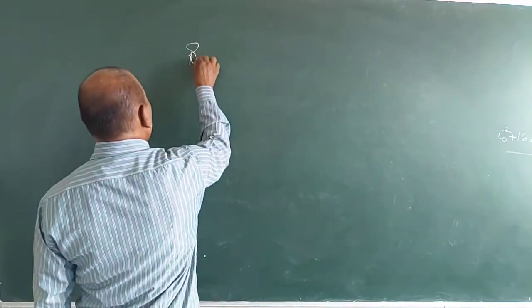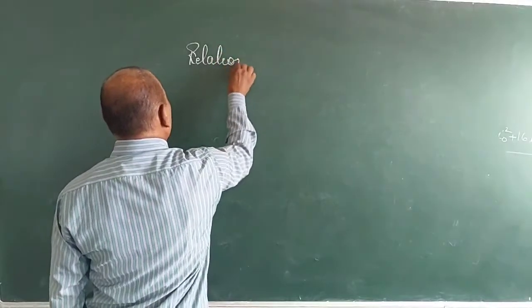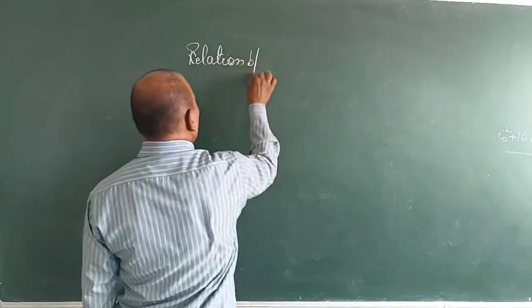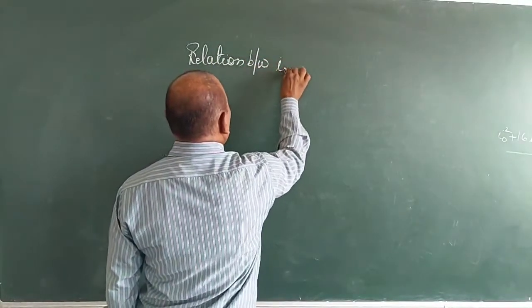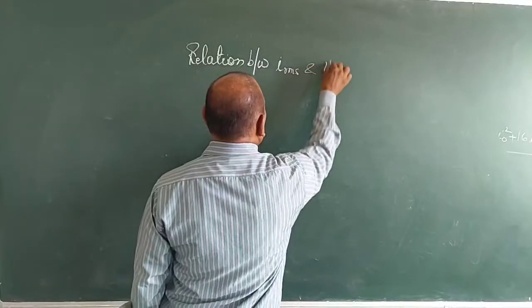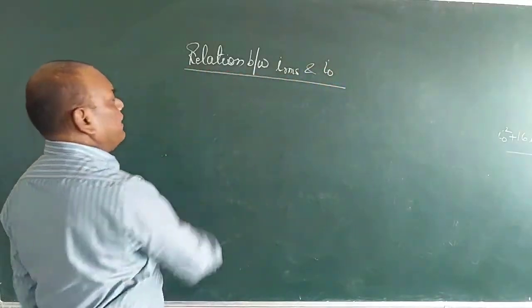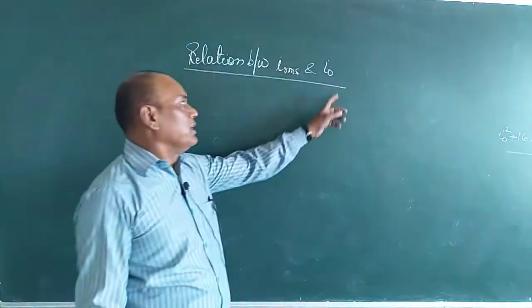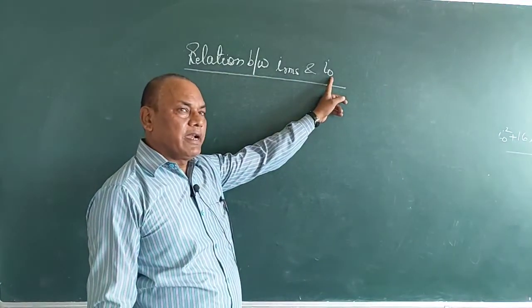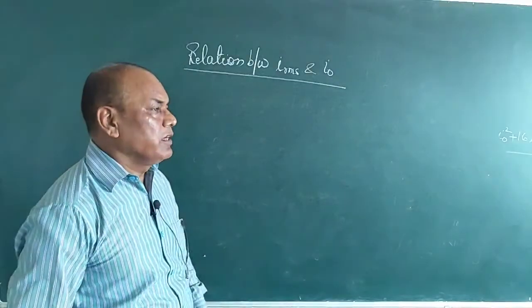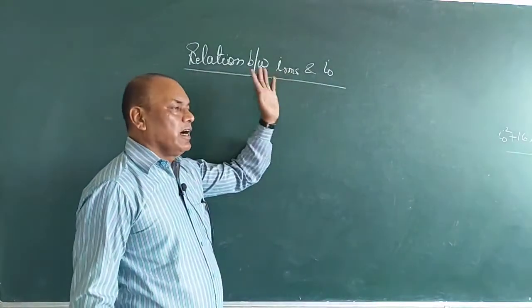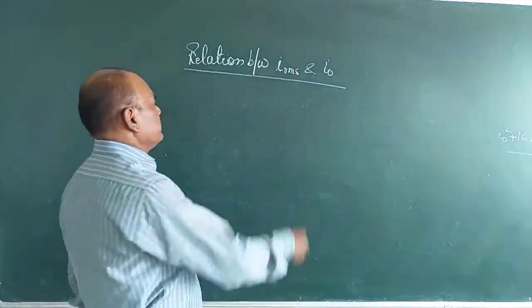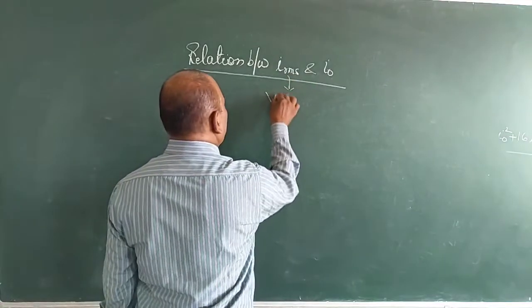Now here is the relation between IRMS and I0. What is I0? It is the maximum value of the current, called the peak value of the current, and IRMS is known as the virtual current.